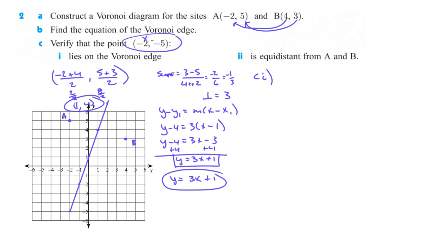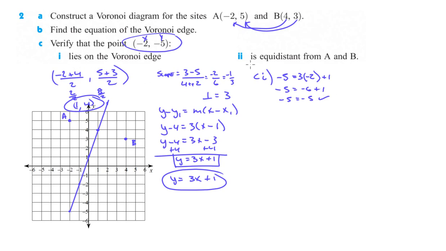What we're going to do is plug -2 in for x and plug in -5 for y and see if it equals. So does -5 equal 3 times -2 plus 1? -5 is -6 plus 1. -5 indeed does equal -5, so we have verified it.